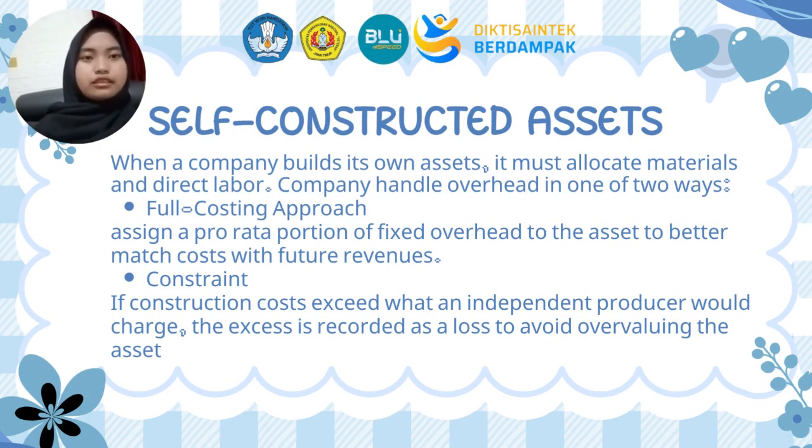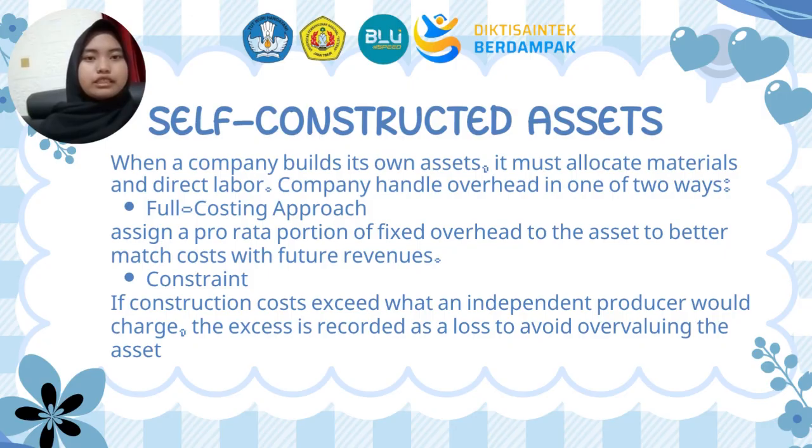In the first learning objective, I will explain the meaning of property, plants, and equipment. Property, plants, and equipment, or we call it PPE, is a tangible or durable asset that is held for use in operation, such as production, rentals, or administration rather than for sale. It has multiple aspects.